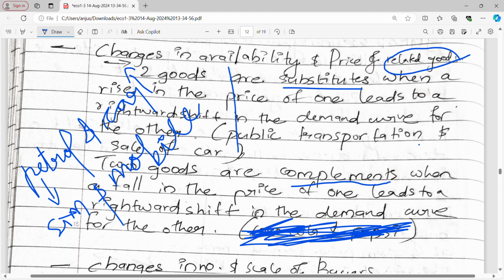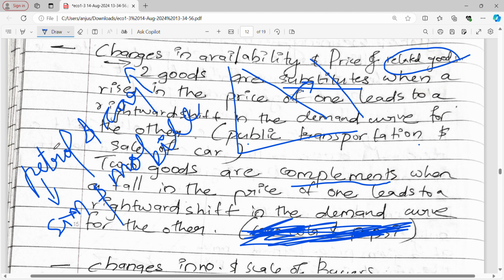Imagine this is the demand curve for car. When the price of petrol is decreased, everyone will come to buy a car. That is, the demanded quantity will increase, a shift of the demand curve to the right.